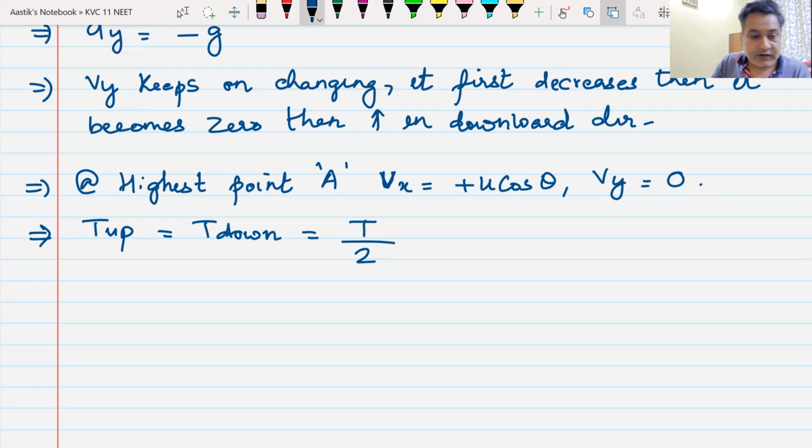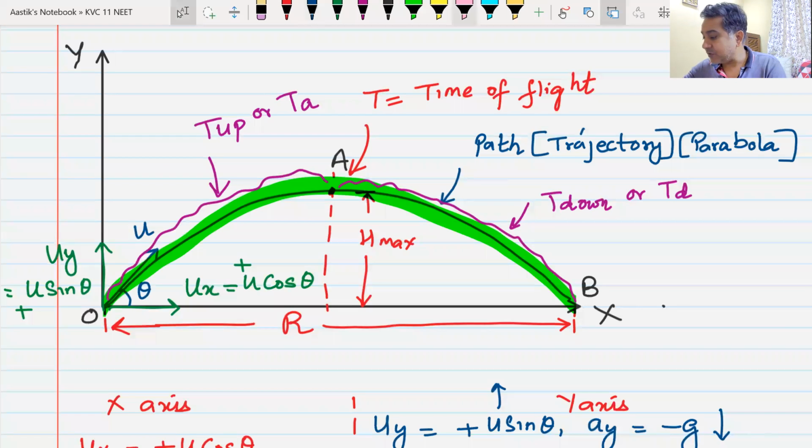Okay. Now, let us see what happened at point B. Which is point B? This is the point B. I hope you have marked it. Yes or no?